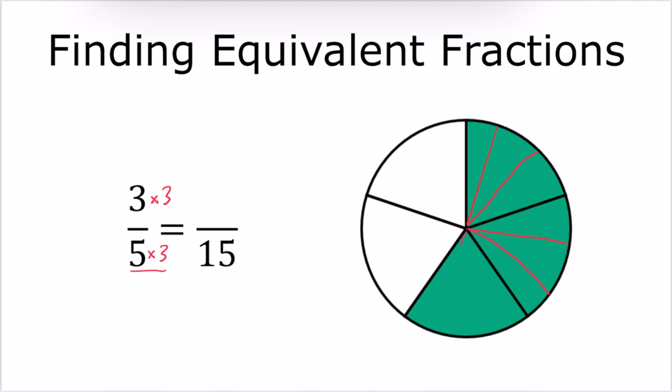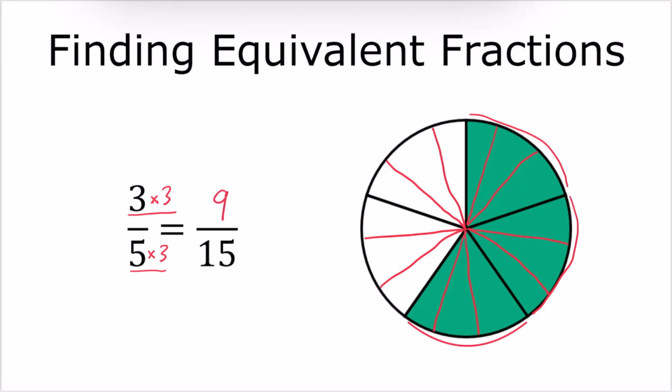So essentially, I'm splitting each of my 5 pieces up into 3 more pieces so that I have a total of 15 pieces. And when I do that, I would have to multiply the numerator of my fraction by 3 as well, because these 3 pieces that I started off with are now 9 of the smaller pieces. And so that's what shows me that 3/5 equals 9/15.